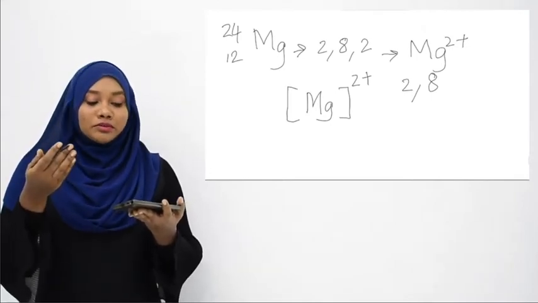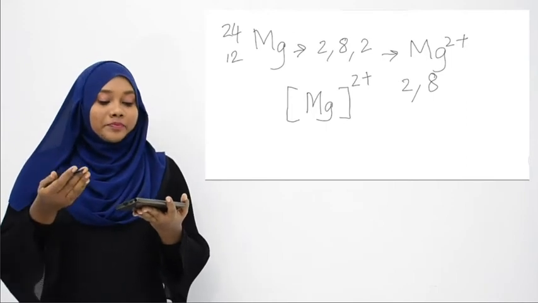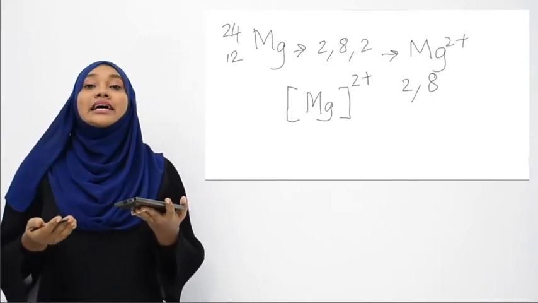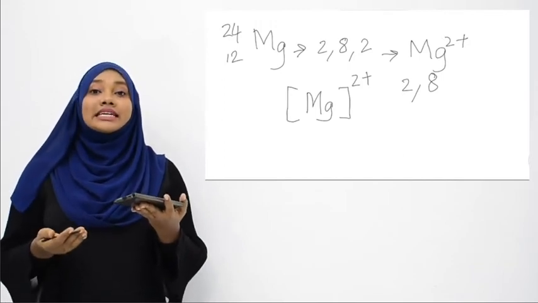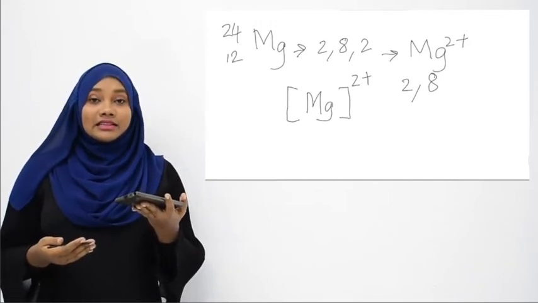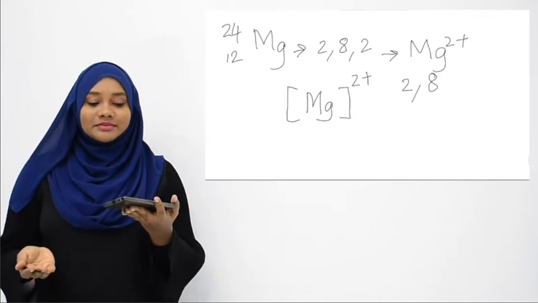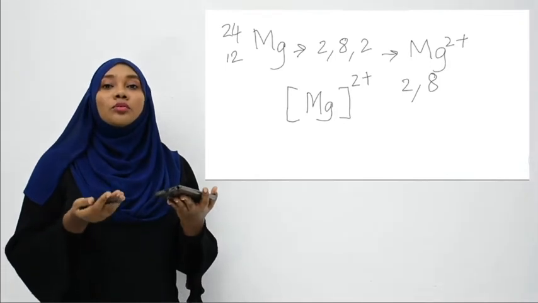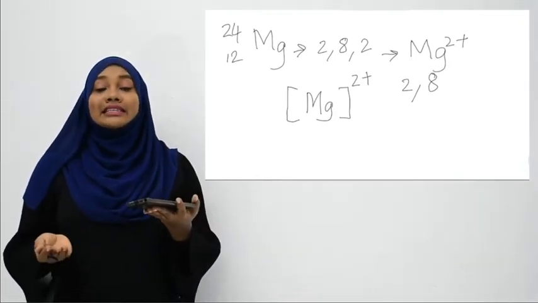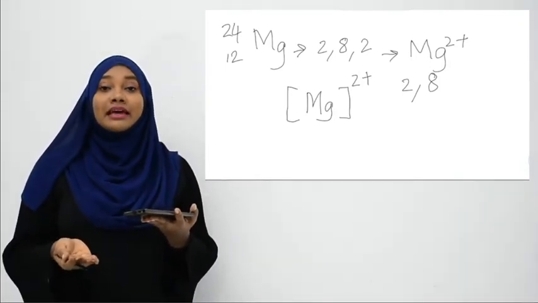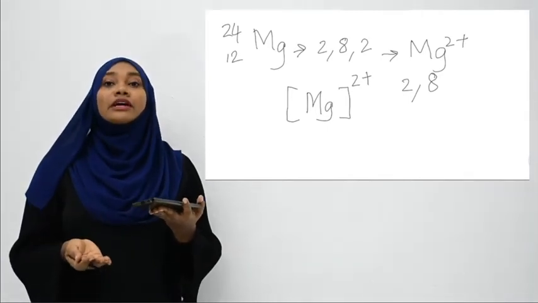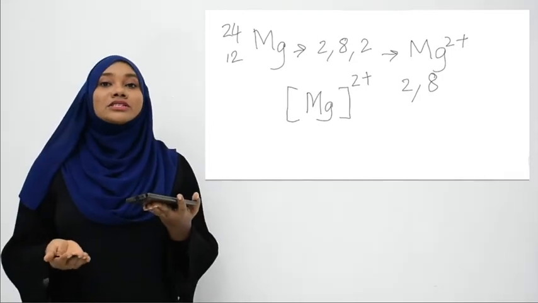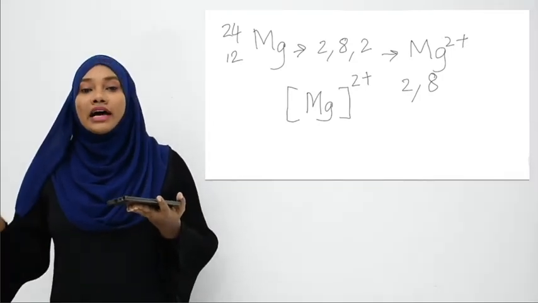And you would also notice that sodium as well as magnesium have less than 4 electrons in the valence shell. Have you noticed it? You must have, right? So all the elements in groups 1, 2 and 3 are metals. Okay? Metals will have less than 4 electrons in the valence shell, and metals lose electrons to form positive ions.